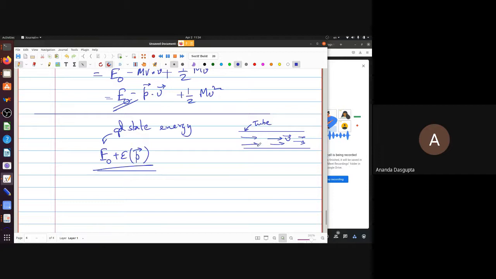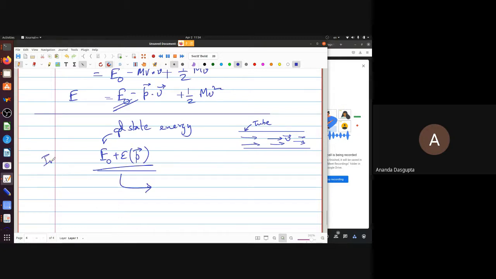The fluid is moving with velocity v with respect to the tube. The tube is moving with velocity minus v with respect to the fluid. So you are changing from one frame where the fluid was at rest to another frame where the fluid is moving with velocity v and the tube is at rest. I've already given you the energy transformation rule: E goes to E0 minus P dot V plus half m v squared. So what will that go to?